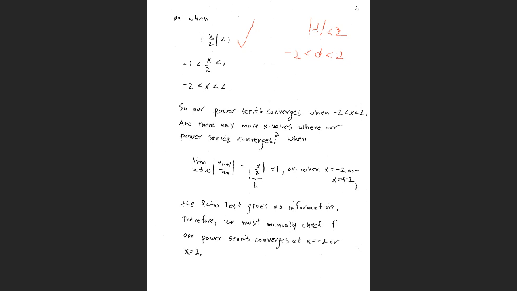You'd have no trouble understanding that the absolute value of d being less than 2 would mean that d would have to be between negative 2 and 2. It's the same thing here.